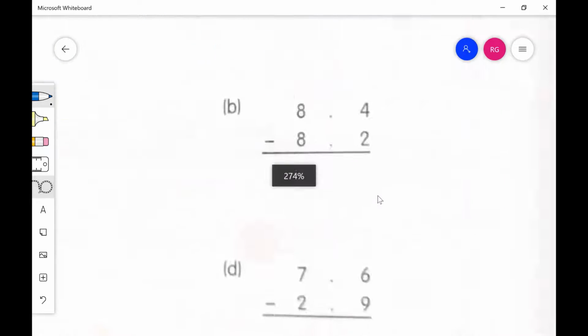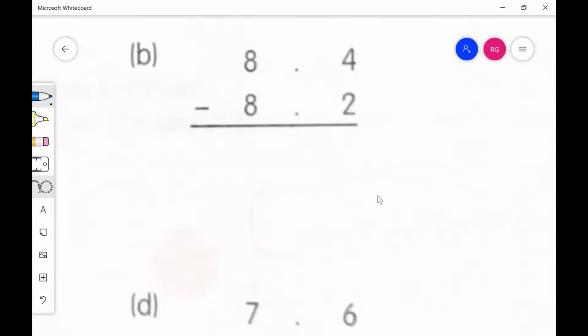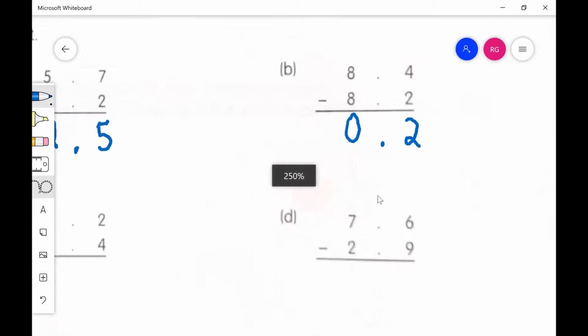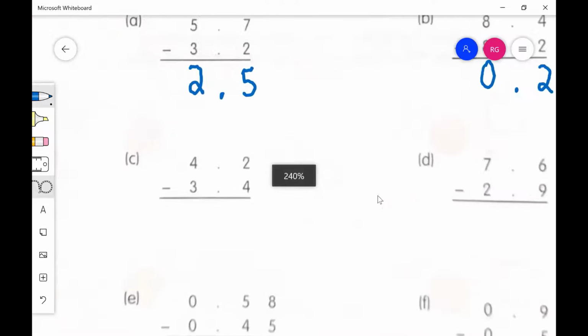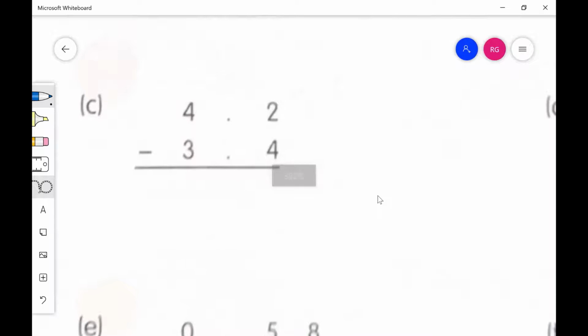Alrighty, for B, it says 8.4 minus 8.2. I'm going to say that is 2. Carry my decimal straight down. 8 minus 8 is 0. Your answer, 0.2. All right, next one, we're moving along here. Ooh, we got to be careful now.